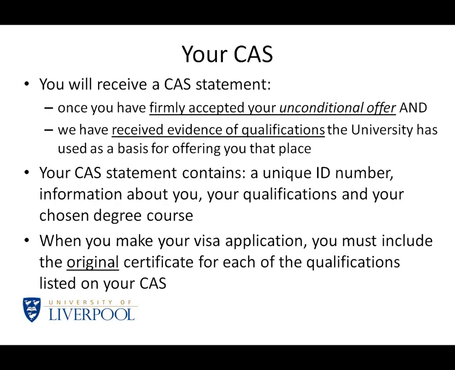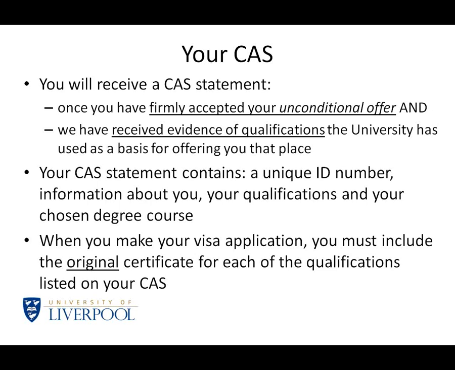You'll receive a CAS once you've firmly accepted your unconditional offer. So if you've got a conditional offer, you need to meet that first. And also we need to have received evidence of your qualifications. And they are the qualifications that the university has used as a basis for offering you that place on the course. Your CAS statement contains a unique ID number, your CAS number.